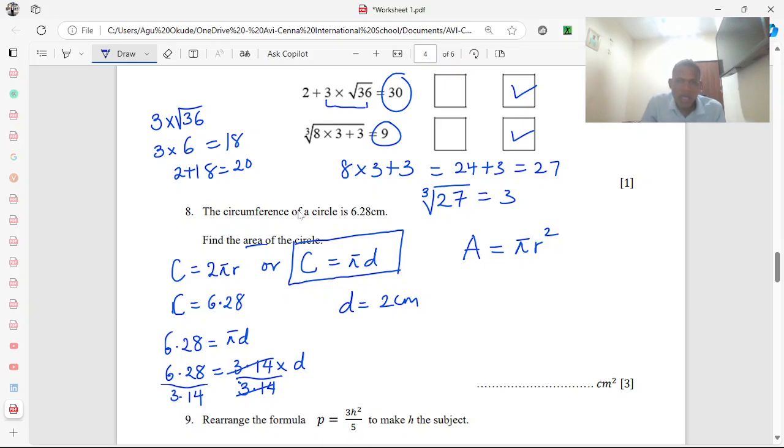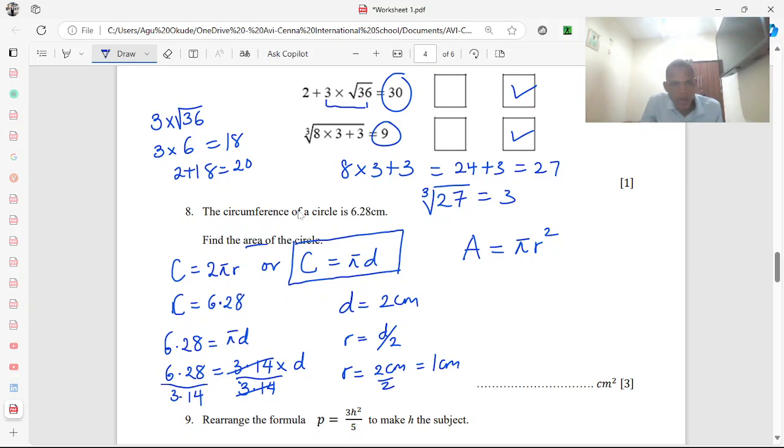Now if my diameter is 2, what is the radius? Radius is half of diameter, don't forget. So if my diameter is 2 cm, I divide 2 cm by 2, so my radius is actually 1 centimeter, right?